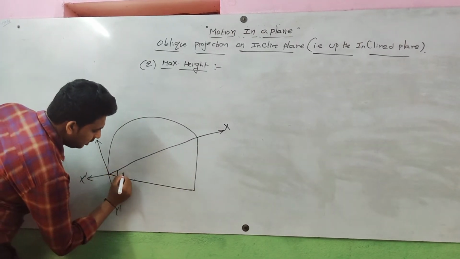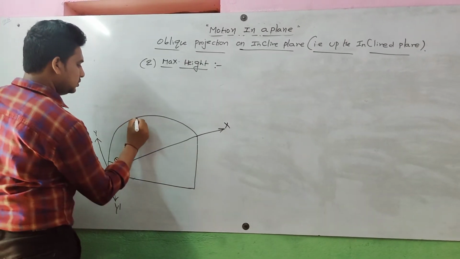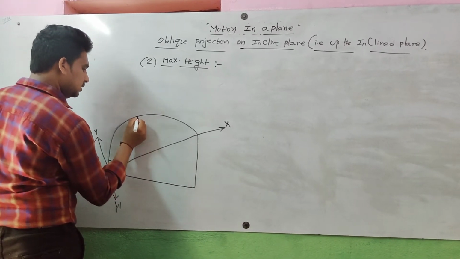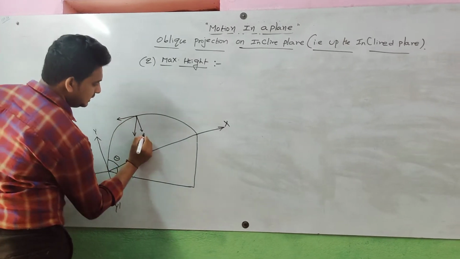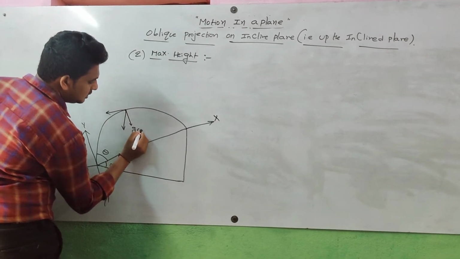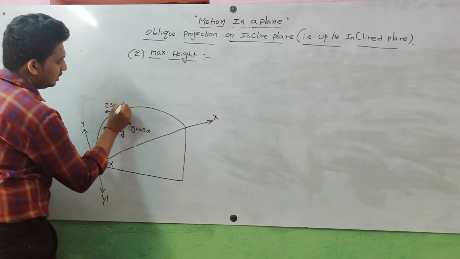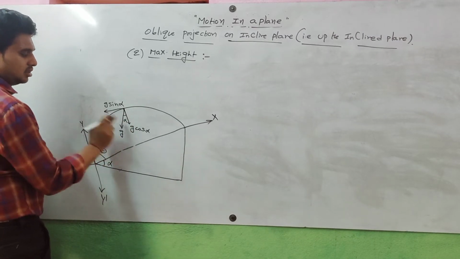This is angle alpha, this is angle theta. The acceleration due to gravity is resolved into two components: this is g cos alpha, this is g sin alpha. According to geometry, the angle here is also alpha.